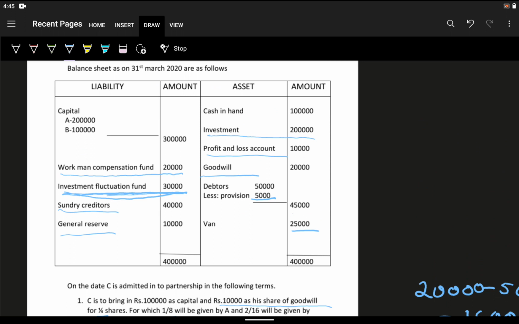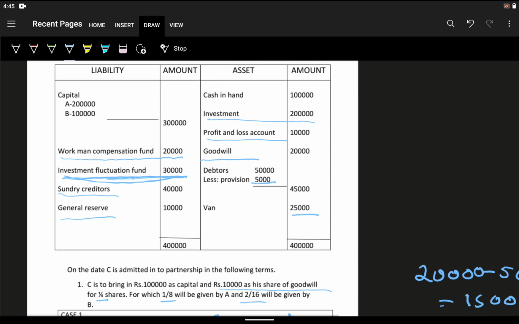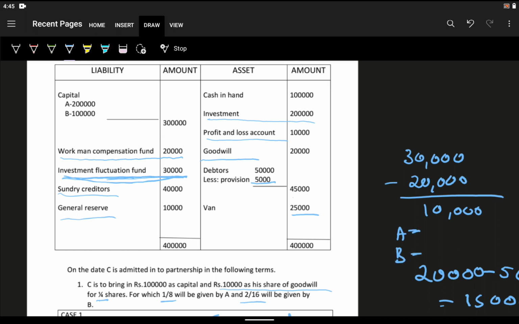The fund is 30,000, and investment is decreased to 1,80,000, that means 20,000 is decreased. So we deduct 20,000, and the remaining 10,000 you distribute to A and B in their profit sharing ratio, that is 2:1.